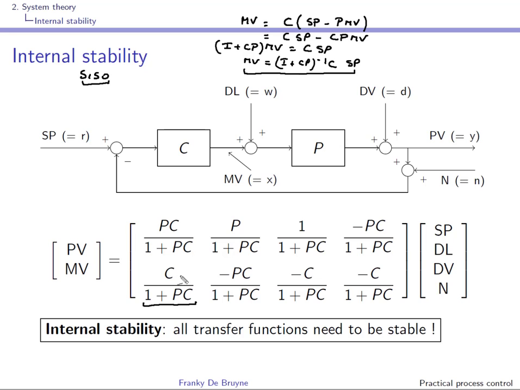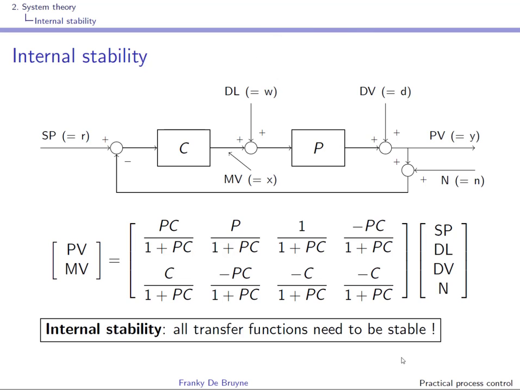Let us look at the relation between the load disturbance and PV, and again we'll do this in the multivariable case, and then we'll verify if this simplifies to this transfer function in the SISO case.